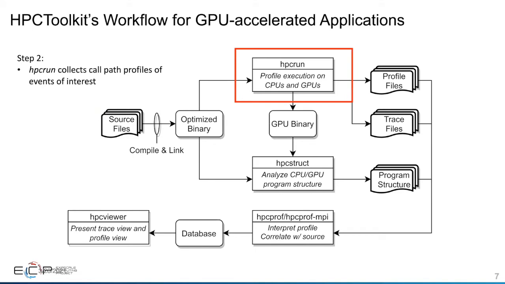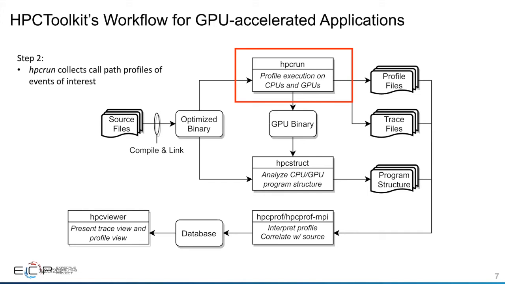The second step in the workflow is to use HPC run as a launch script to launch your application and measure it as it executes. With HPC run, we use sampling to collect profiles on the CPU. It will use an interception of the GPU APIs to intercept the GPU operations and monitor them as they execute.